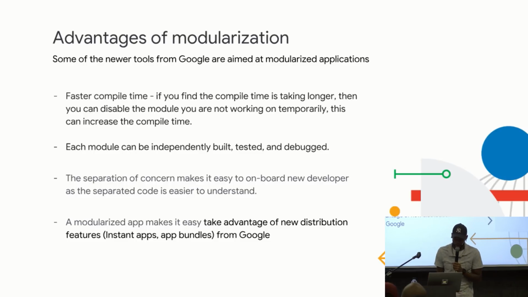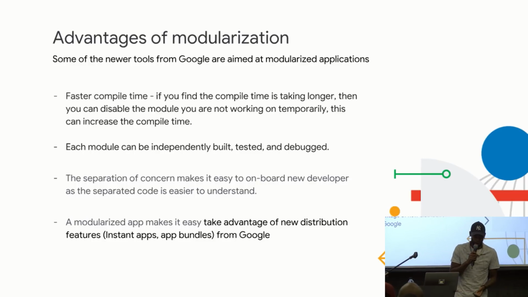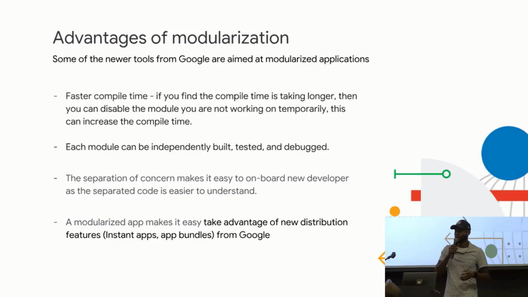And then also the separation of concerns makes it easy to onboard new developers, as it makes it easy to understand your code. So imagine a room full of books put in there however, and they're telling you that's going to be the library and you're going to be the librarian. Every time someone wants a book, you need to figure out where the book is, which section, it's not clear. When you pull out one book, some of the stacks just fall over.